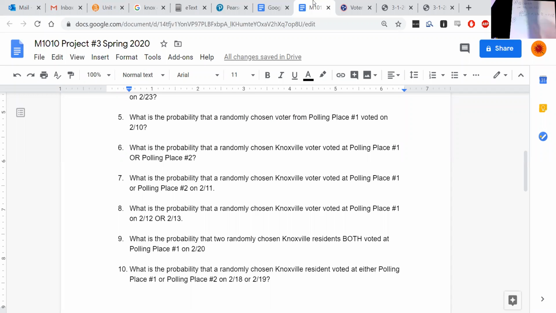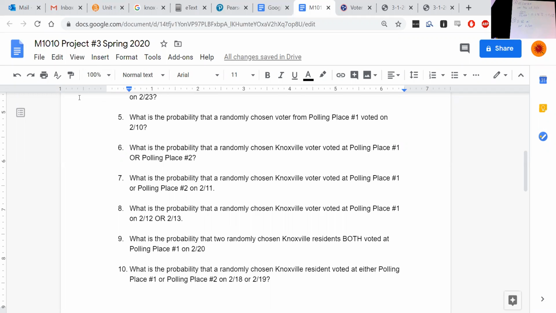Question 9. What is the probability that two randomly chosen Knoxville residents both voted at polling place 1 on 2/20? Now this is where we have to do a little bit more thinking.